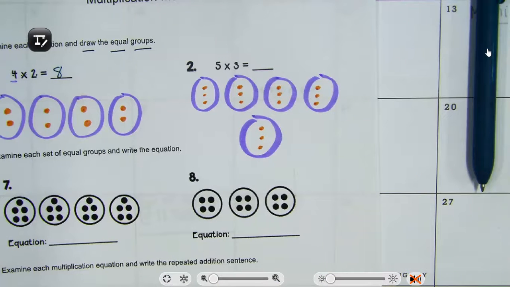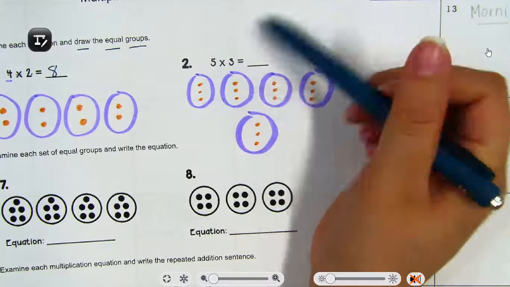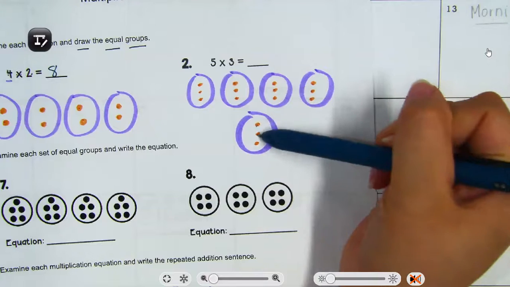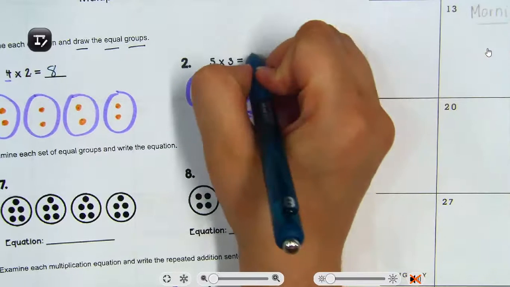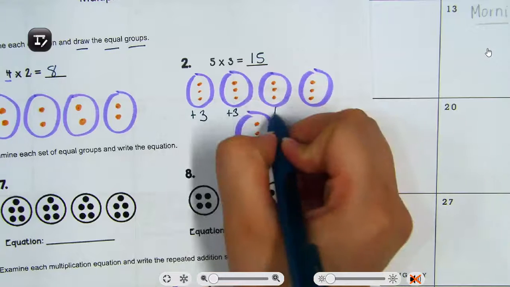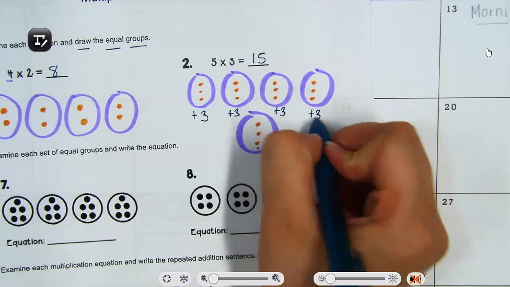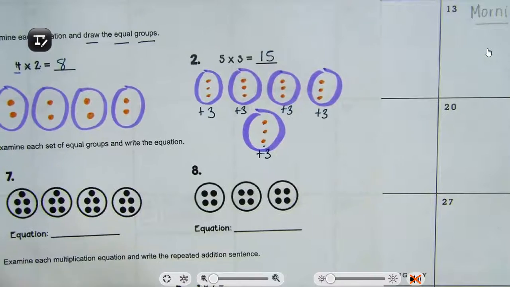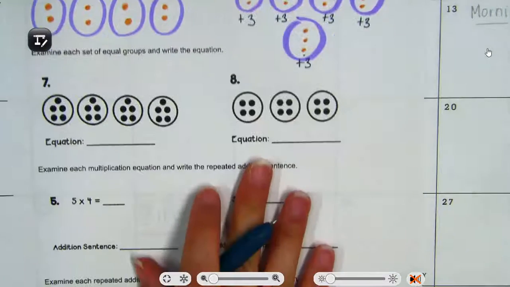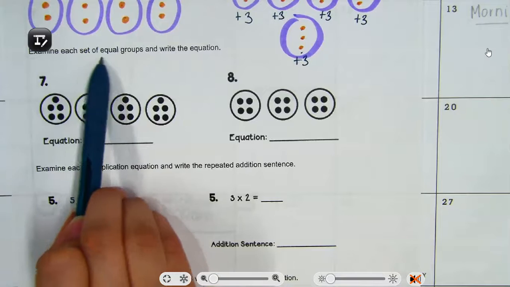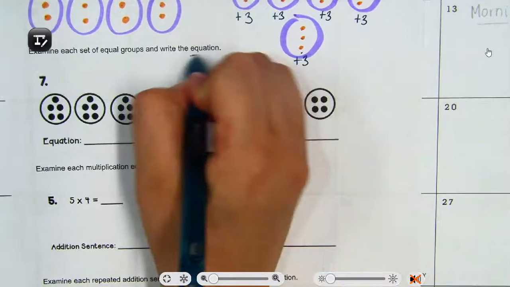Okay. So now I can count. I have 1, 2, 3, 4, 5, 6, 7, 8, 9, 10, 11, 12, 13, 14, 15. I also could have done plus 3, plus 3, plus 3, plus 3, plus 3. My repeated addition.